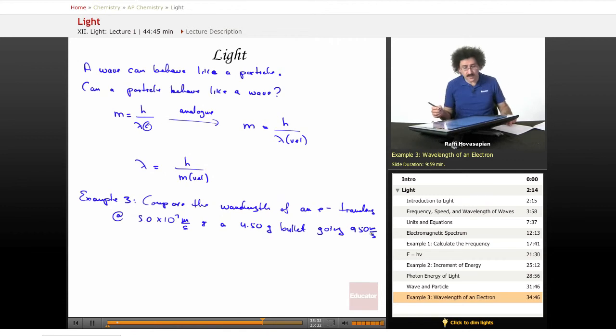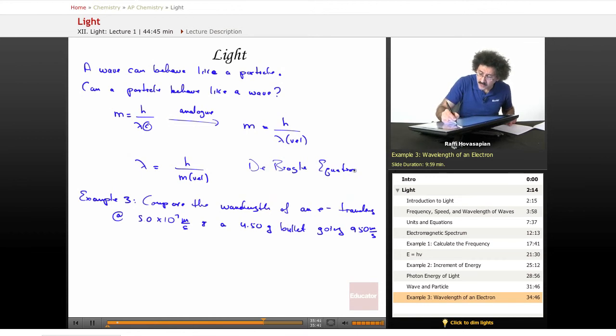Okay, so we're going to use this equation, which is called the de Broglie equation, after a Frenchman named Louis de Broglie.